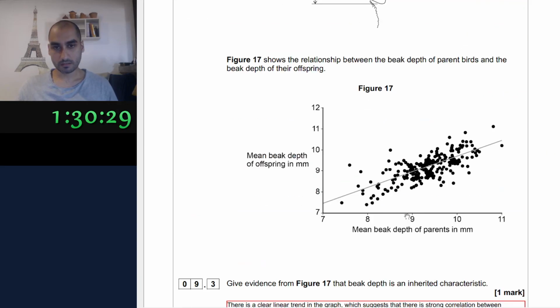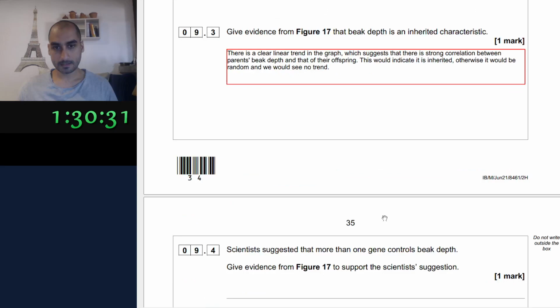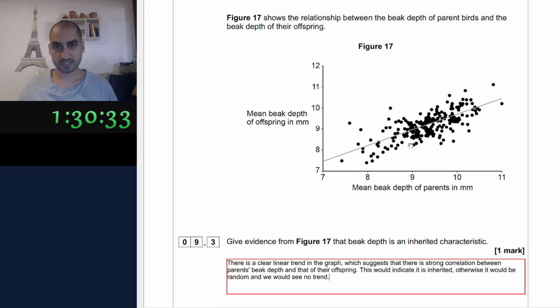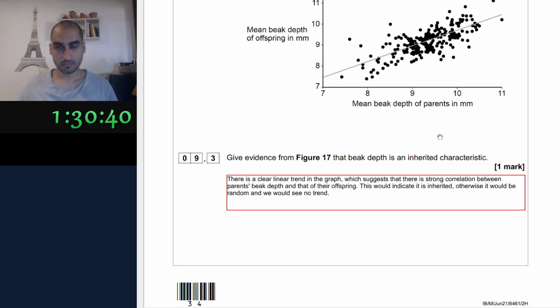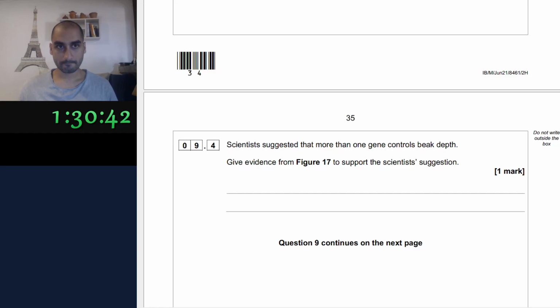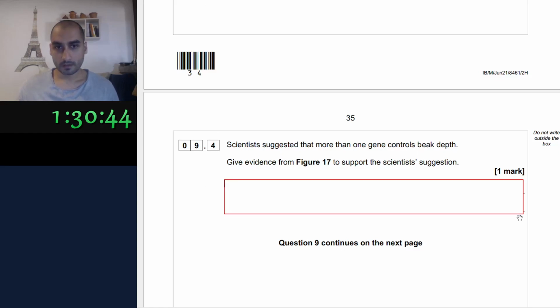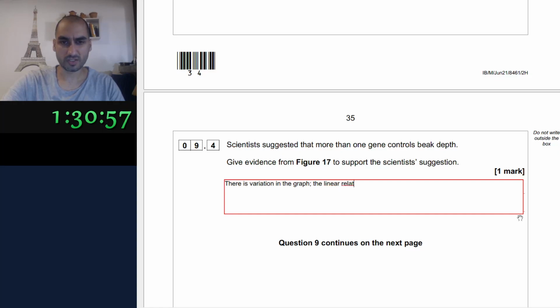Because there's still variation, there is variation in the graph. The linear relationship is not perfect.